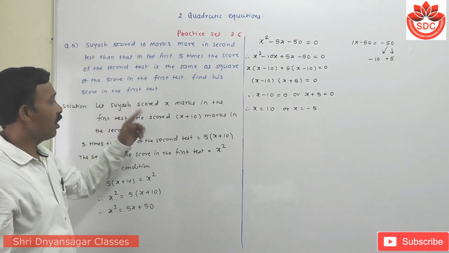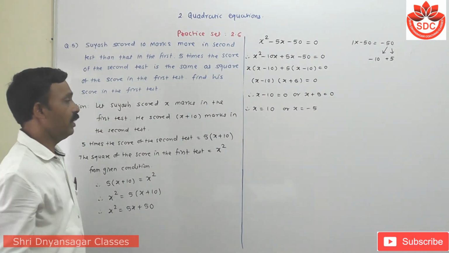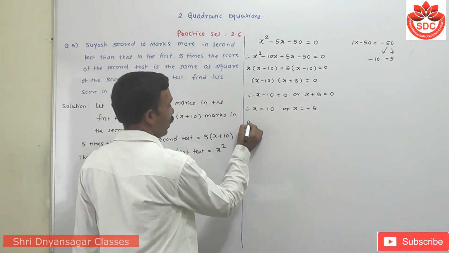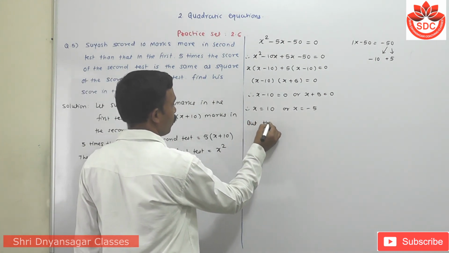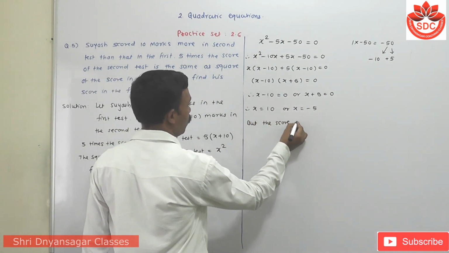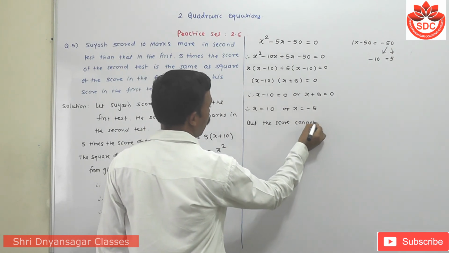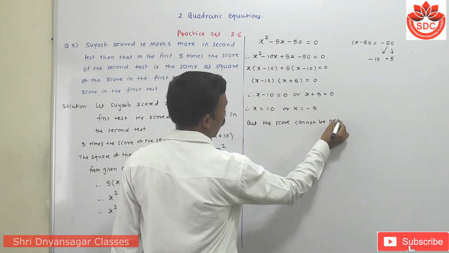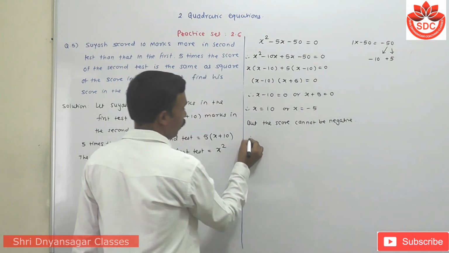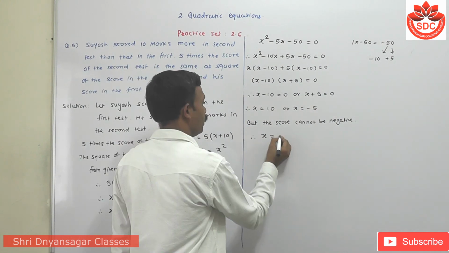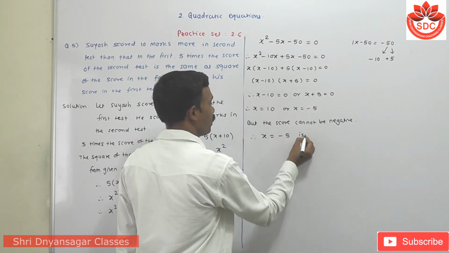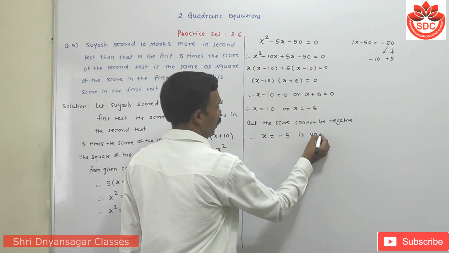Student, the marks cannot be negative here. So I have to write: but the score cannot be negative. Therefore, x is equal to minus 5 is unacceptable.